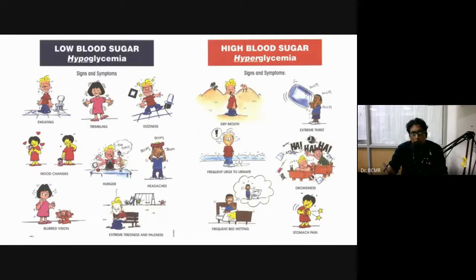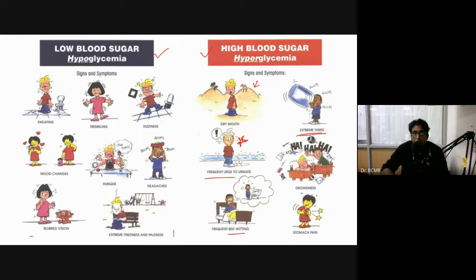Some people sometimes have low blood sugar, and some people sometimes have high blood sugar. Some of the symptoms are that we are always thirsty, frequent urination is there, and bedwetting is also a possibility. We are drowsy, and sometimes we drink a lot of water as well, because there is too much glucose in our blood.